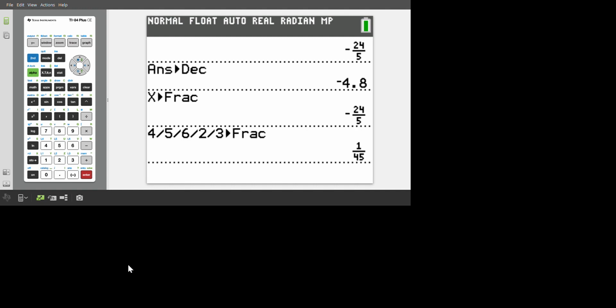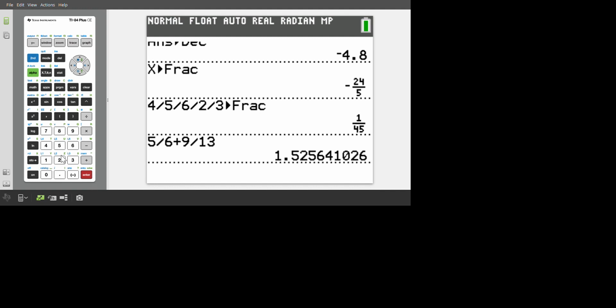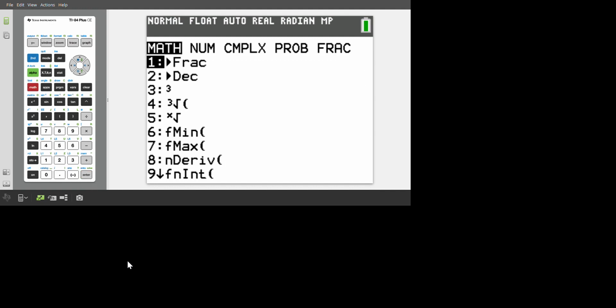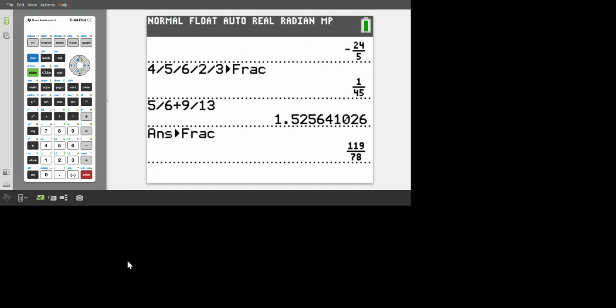If it's involving a variable, you can use a graphical function perhaps. But any fractions you have that are simple fraction, multiplication, divisions, additions, like I said, it works with additions as well. 5/6 plus 9/13. You hit enter on that, it's going to give you a decimal, but you can convert that right back into a fraction. It's going to work for you. It's going to give it to you in lowest terms, which is what we always want.